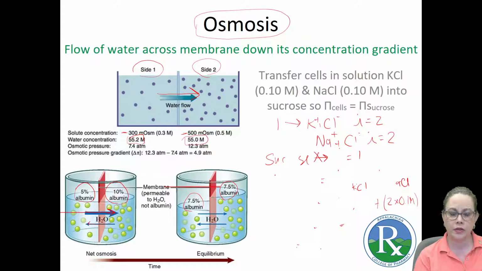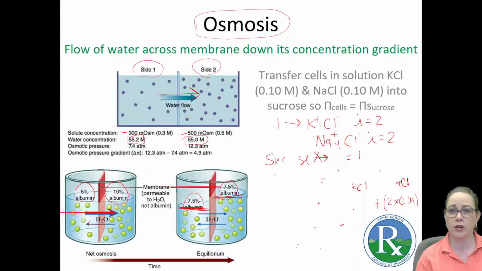But one of the things you also note here is that, unlike our previous examples where the solute was able to move, in the beaker the two levels did not remain the same on both sides of the membrane. The water level on the left-hand side is lower than the water level on the right-hand side. And that's because of the albumin not being able to move.